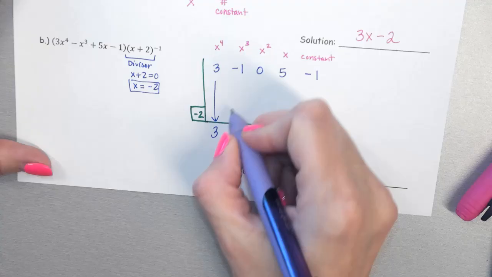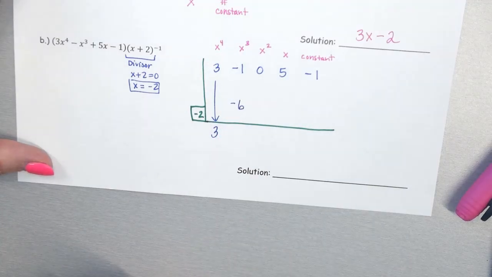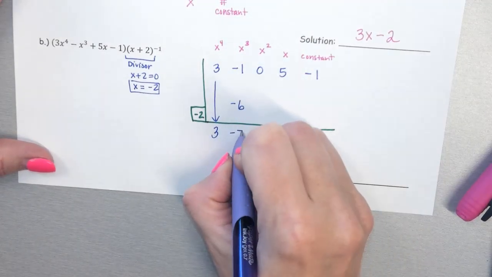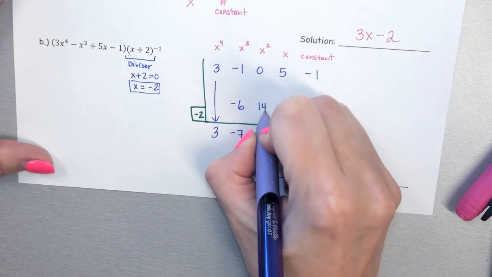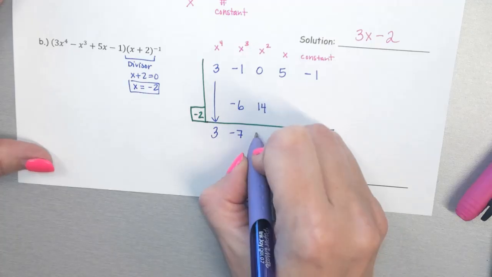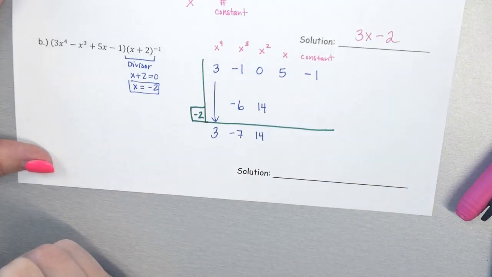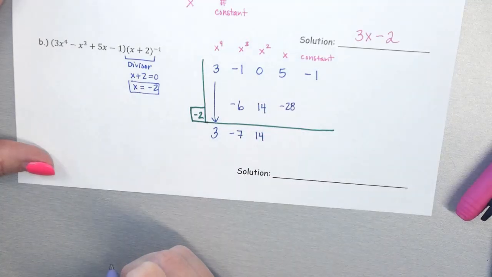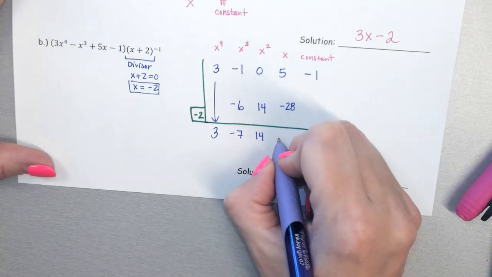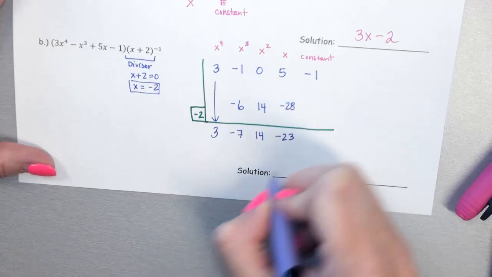So you have 3 times -2, which is -6. Add straight down, -7. A negative times a negative is a positive, so positive 14, 14 plus 0. 14 times -2 is -28. -28 plus 5, -23.